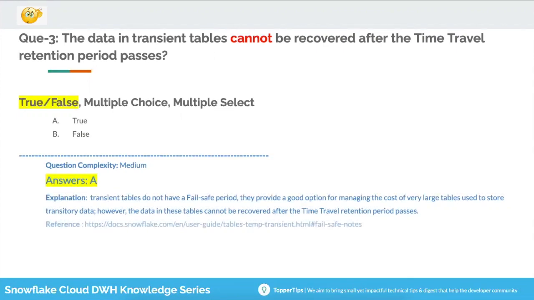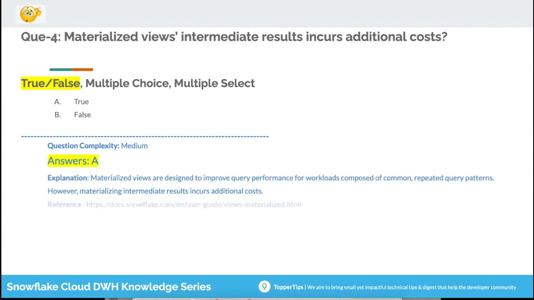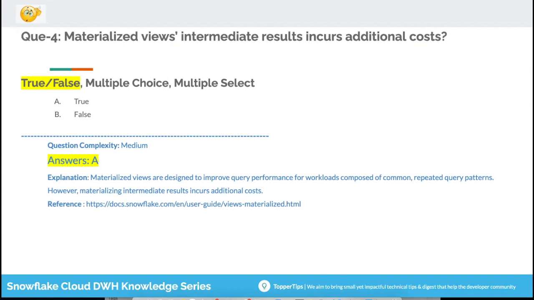Next is also a tricky question: materialized views' intermediate results incur additional cost. Whether it is true or false. Materialized views incur cost; remember it.